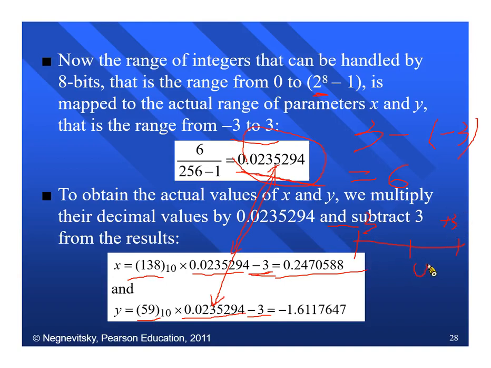So here is 0. If we subtract 3, then on this side the value will become negative, and on this side the value will become positive. That is mapping to the real value. So we need to subtract 3.